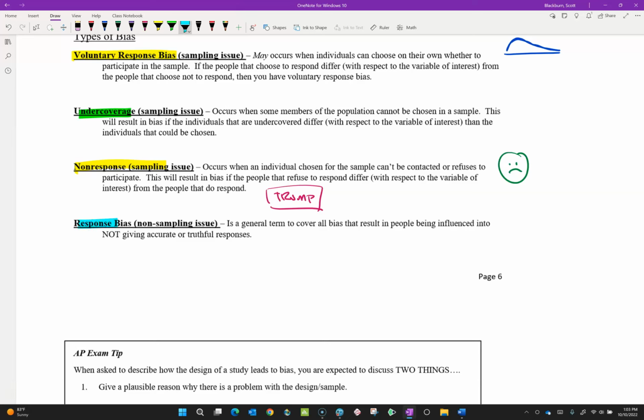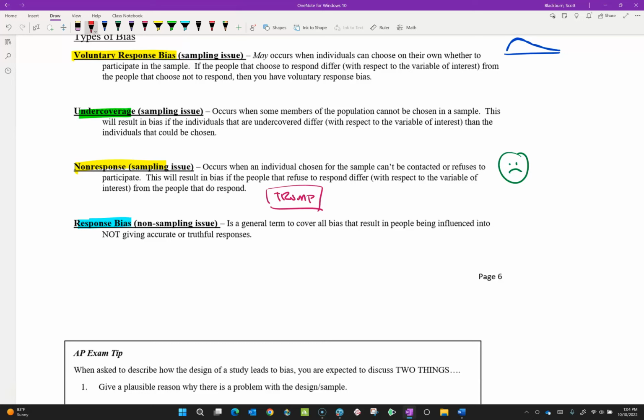I'm just telling you what I read and what may have happened. This may not be 100% factual, but they believe that Trump supporters were kind of tired of everything and thought, I'm not going to reply to pollsters. So Trump supporters may have been less likely to reply. People that were Hillary Clinton fans were like, yeah, I'd love to take the survey, I'd love to talk about how I like Hillary. But people that were Trump fans were less likely to respond to these polls, okay?